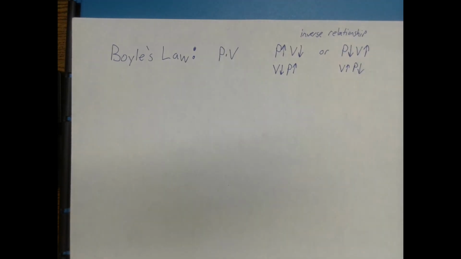Can y'all think of an example in which one of these occurs? What happens if you take a can of Coke and you squeeze on it? Or take an empty water bottle. What happens if you squeeze on it, shrinking it down?